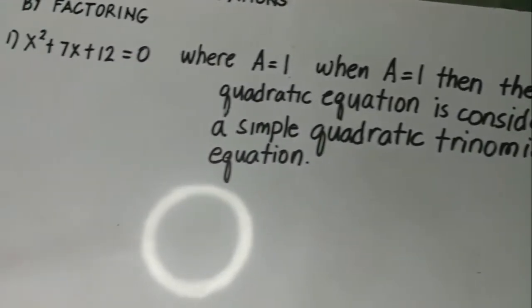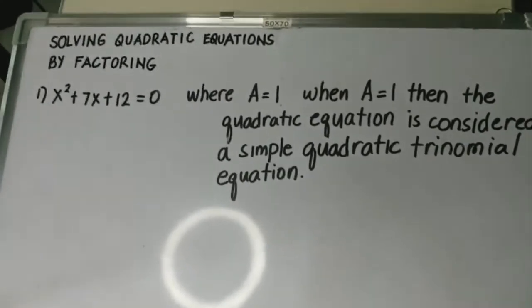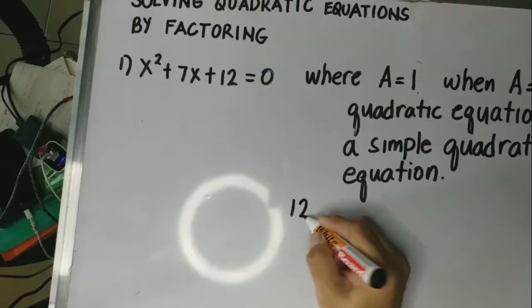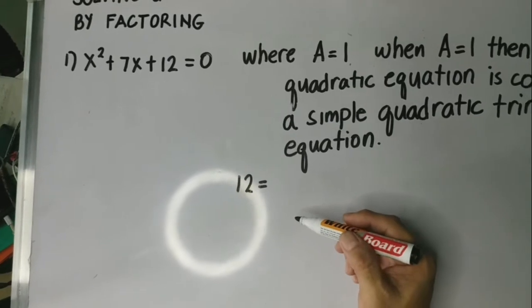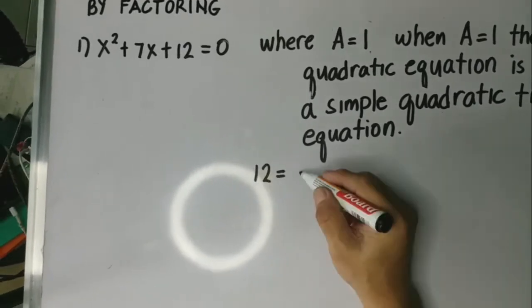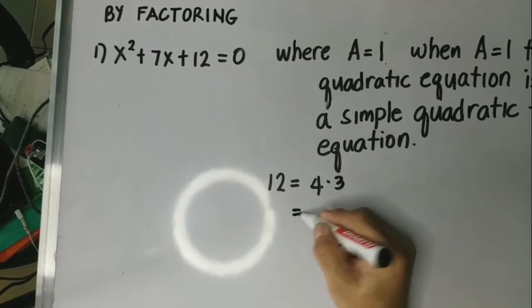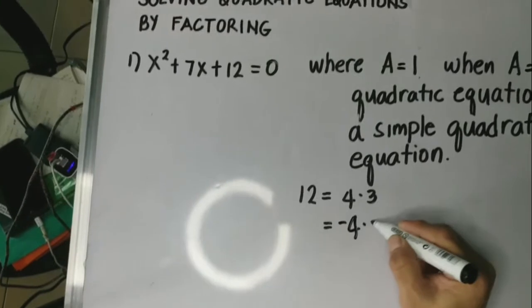When the equation is a simple quadratic trinomial equation, then in solving, get the factors of the third term. The factors of 12 are 4 and 3. Another factors, negative 4 and negative 3.